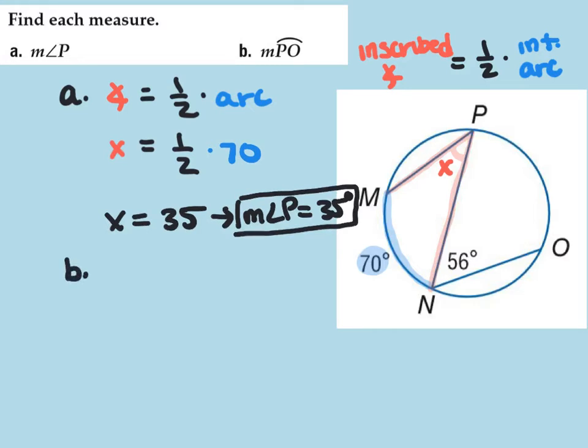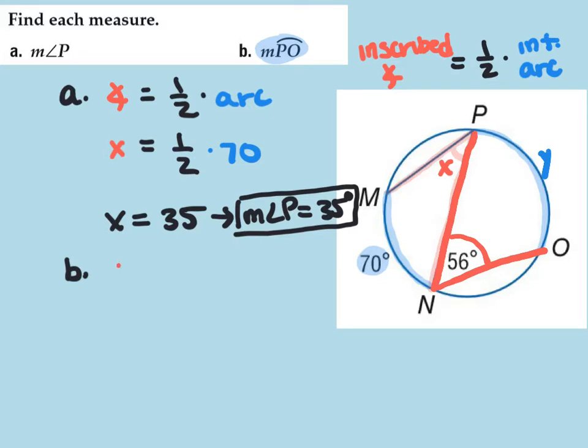Now for part B, it's asking us for the measure of arc PO. So if I'm talking about arc PO, and I pick that out on my diagram, arc PO starts at P and goes over to O. And I don't know what that is, so I'm going to call this X. Or instead of calling it X, I've already used X, we're going to call it Y. The inscribed angle that goes with this arc is this angle PNO.